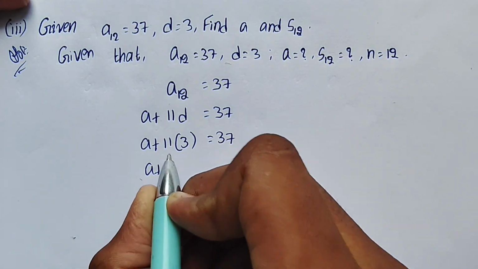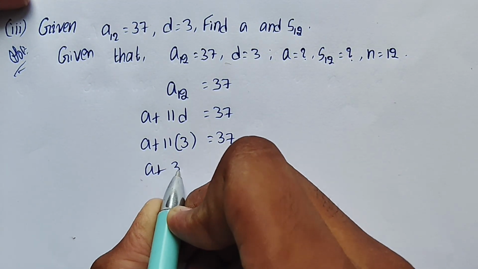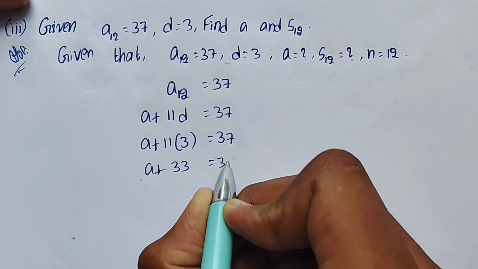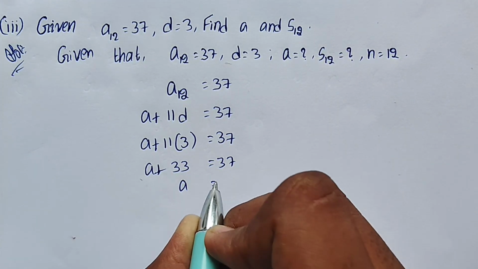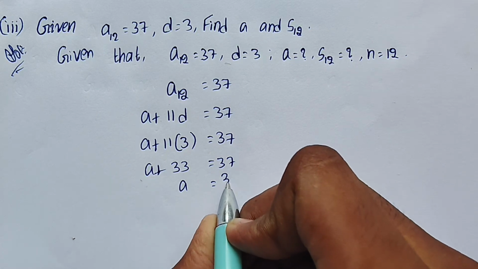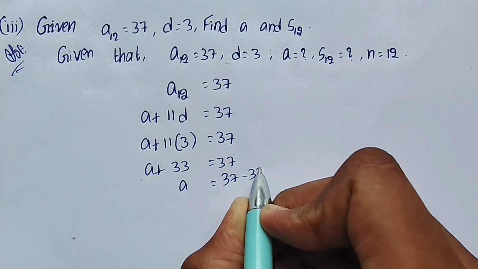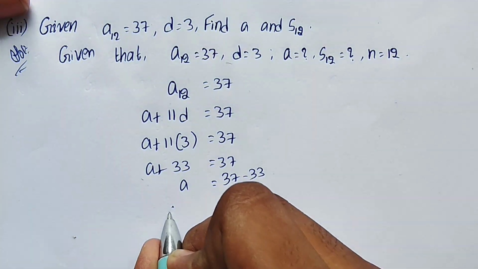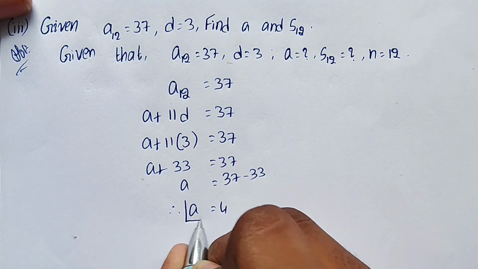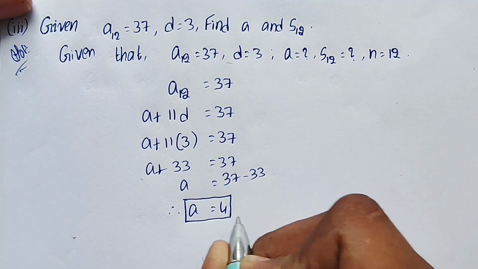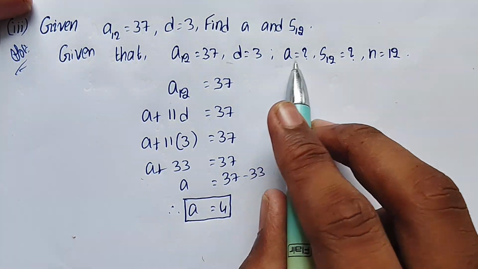A plus 11 times 3 is 33, equals 37. A is equal to, if you transpose plus 33 to the right side, it will be subtracted from 37. So 37 minus 33. Therefore, the value of a is 4. So we got the value of a.